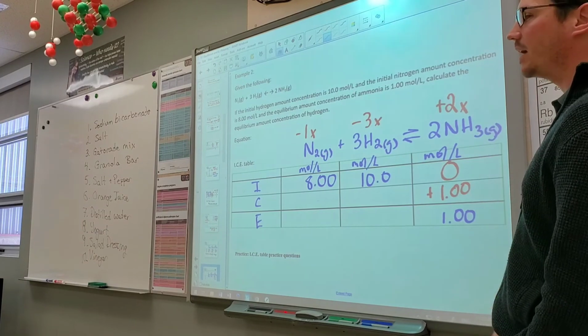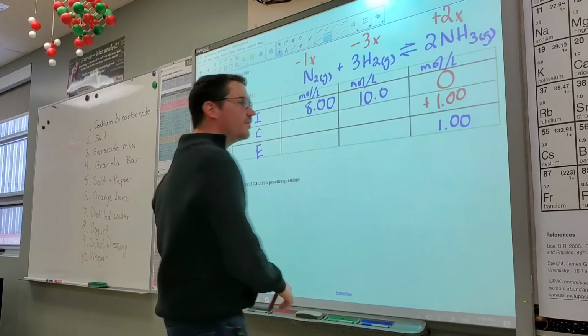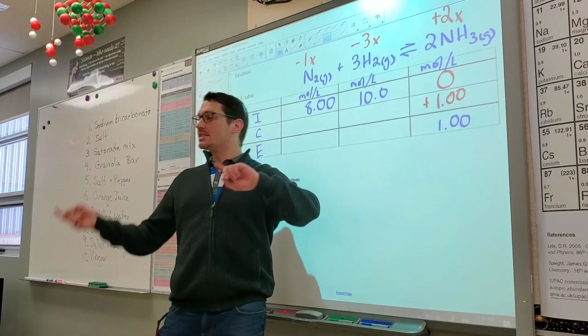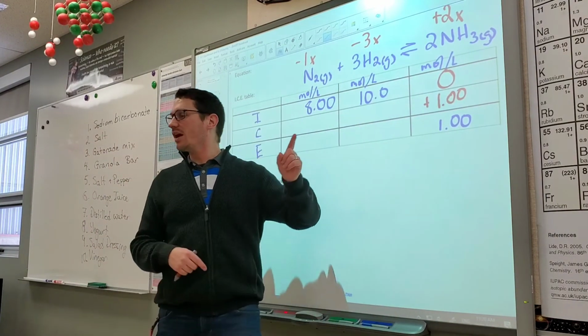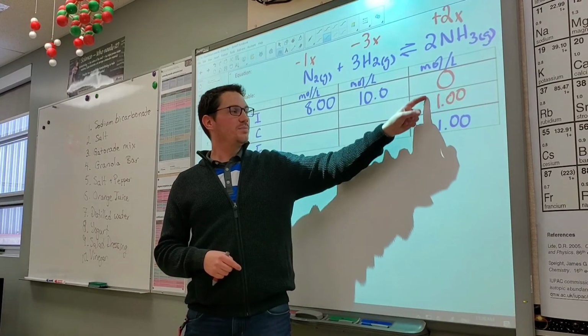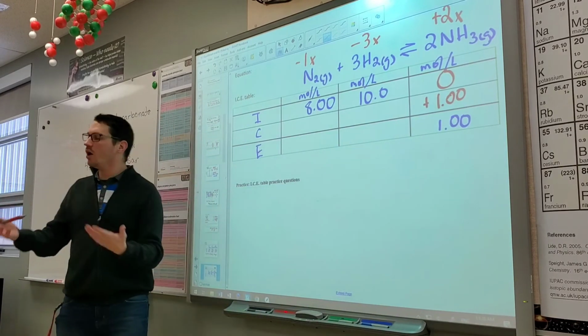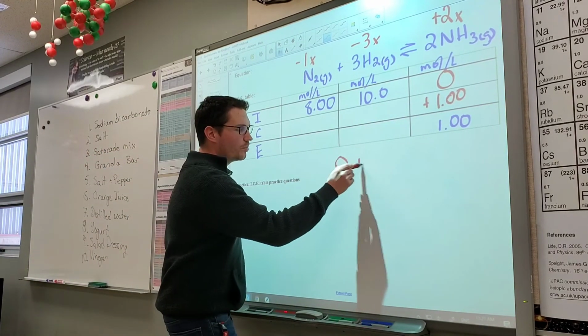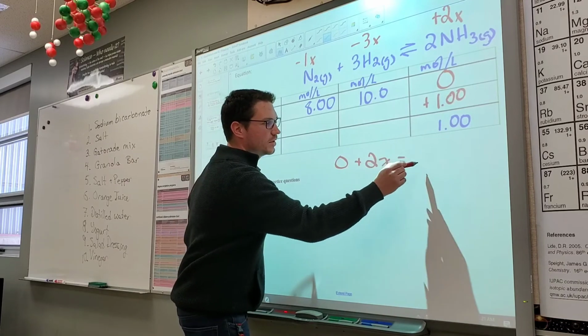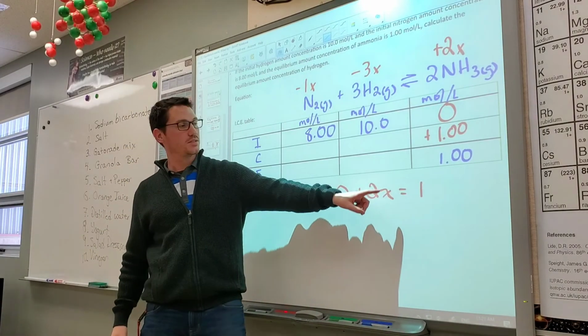So what is your x equal to? 0.5. Another way of thinking about this goes back to the hint that we were talking about. This is an equation here. This plus this equals that, okay? But if you don't know, 0 plus 2x equals 1 mole per liter. That's the equation I can get out of this.